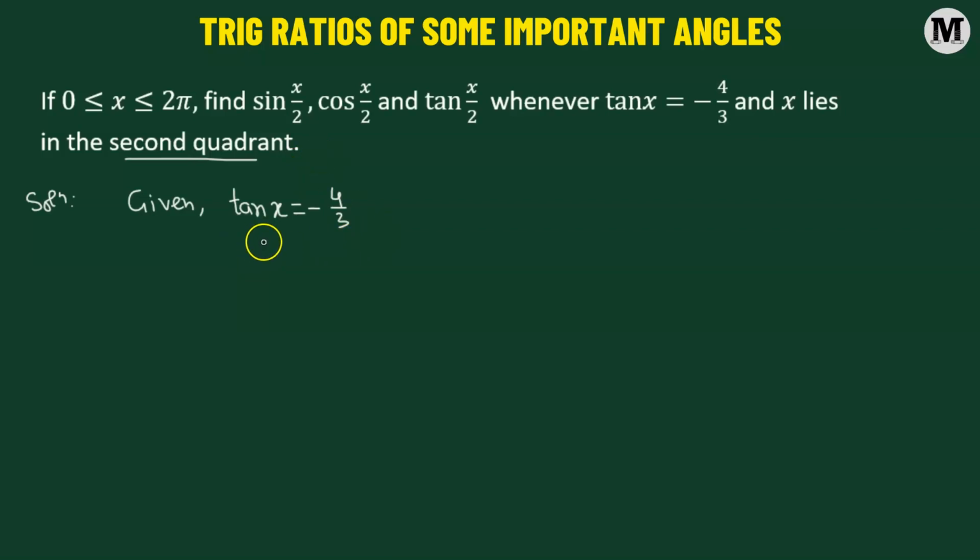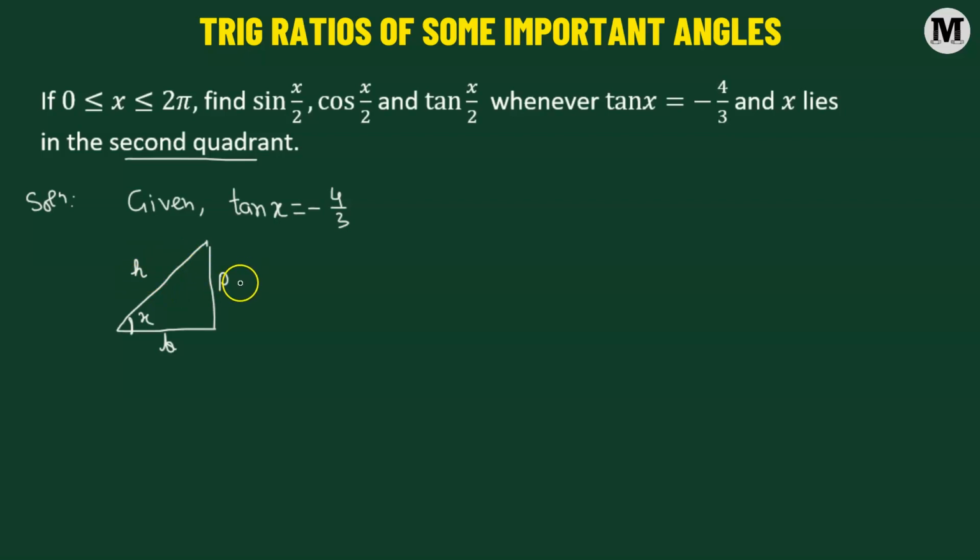Now, using the value of the tangent function, we will try to find out the value of the cosine function. There's an easy trick that we can use. We'll use a right angle triangle. Let's consider this acute angle as x. Then tangent of this angle x is given, and the sides are the perpendicular, the base, and the hypotenuse.